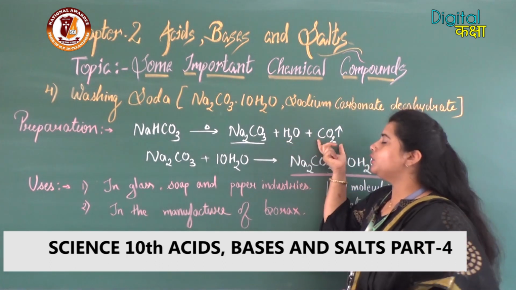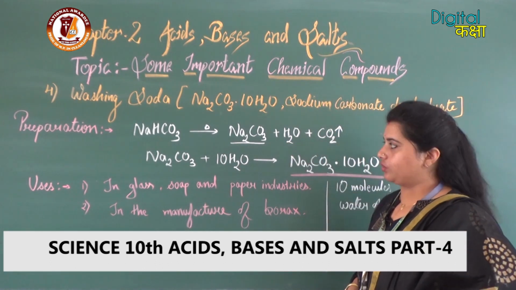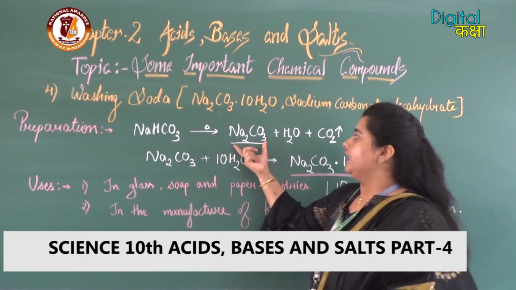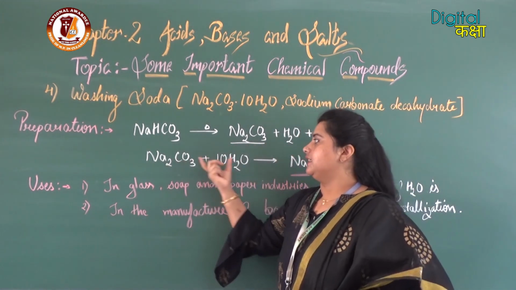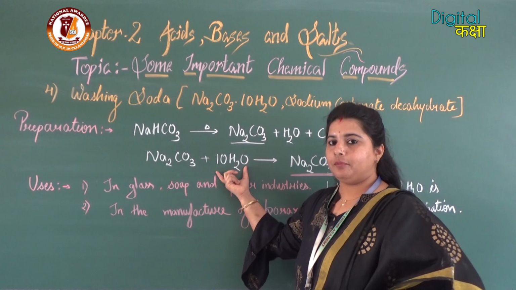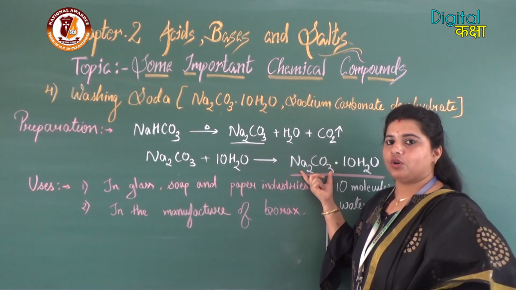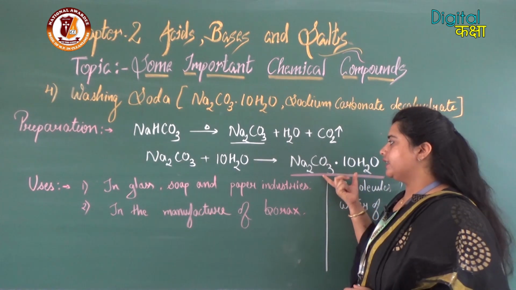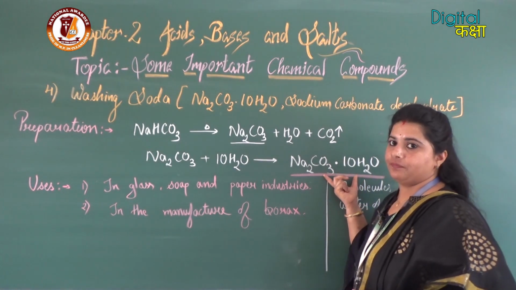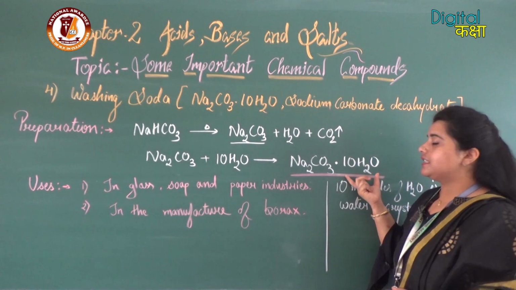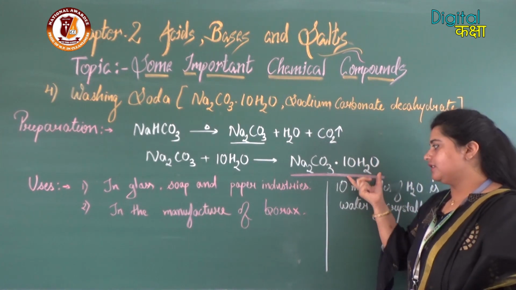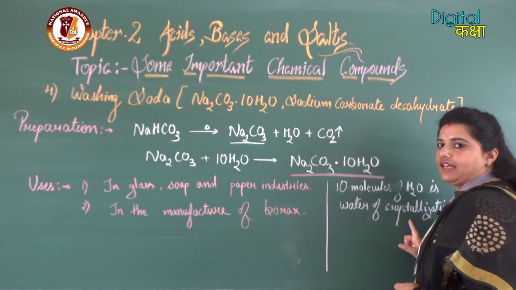Along with it, CO2 gas is liberated. After this, 10 molecules of water are added to this sodium carbonate, so it forms Na2CO3.10H2O, that is washing soda. Now here, these 10 molecules of water are water of crystallization.